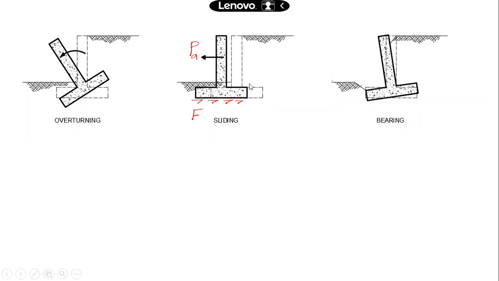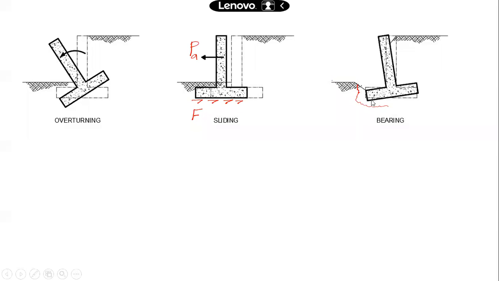And another is bearing. I told you the Q max value, the pressure. It should be less, or else the soil will get crushed or fail. General shear failure or other types of failure will occur over here. Local shear or such failure may take place.